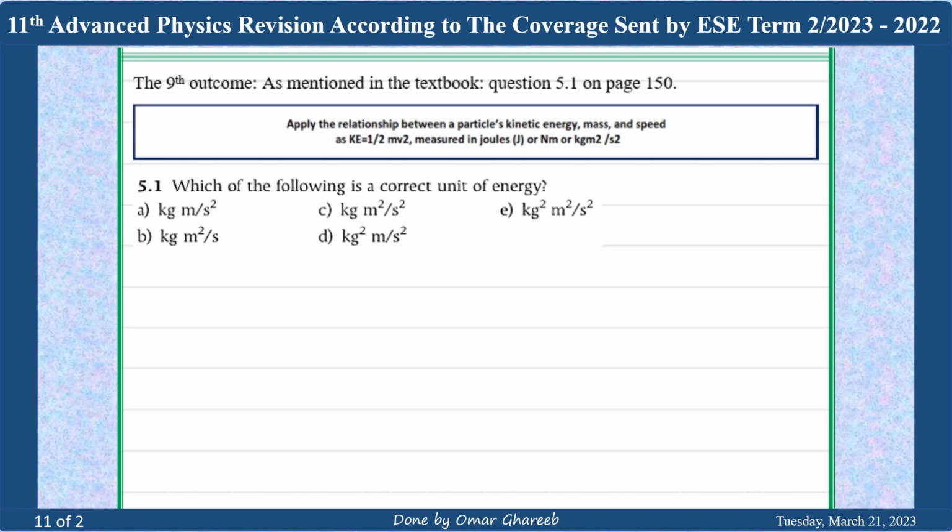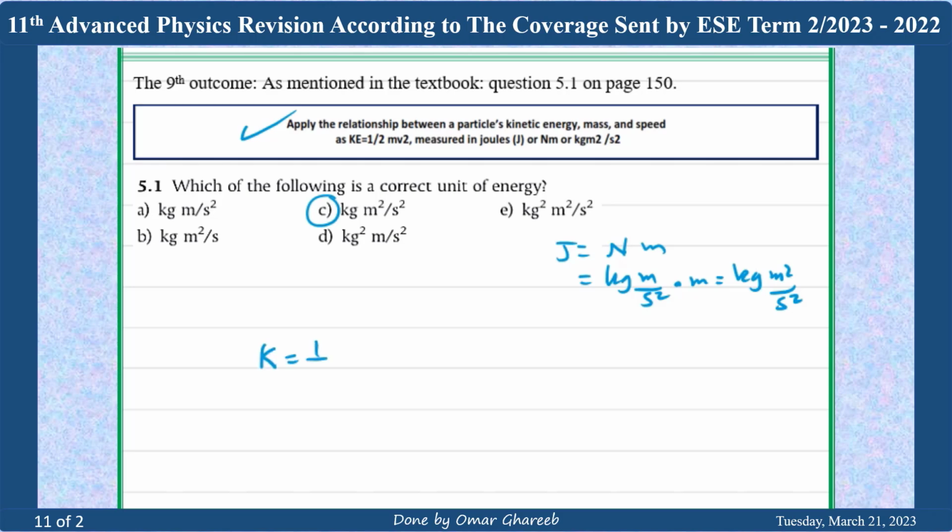What a pity. Okay. The answer is C, as we mentioned in outcome number 1. If you go back, you will find that joule is Newton times meter, and Newton is kilogram meter per second squared, so joule is kilogram meter squared per second squared. But for this outcome itself, we need to apply this relation.